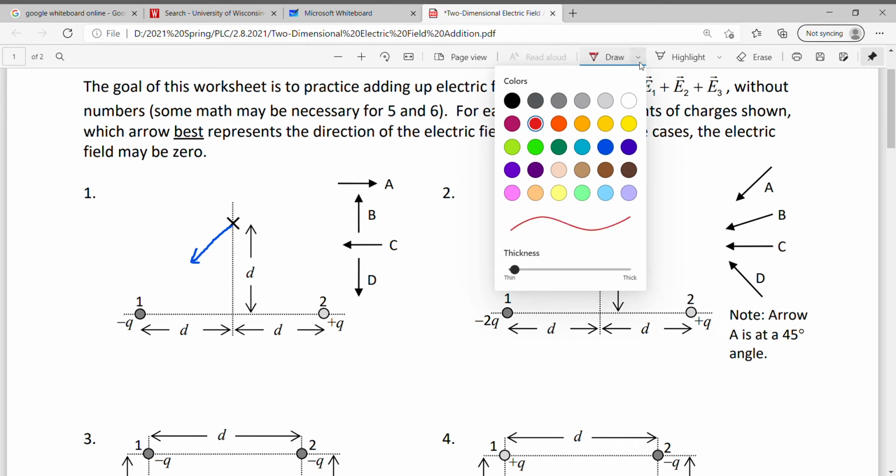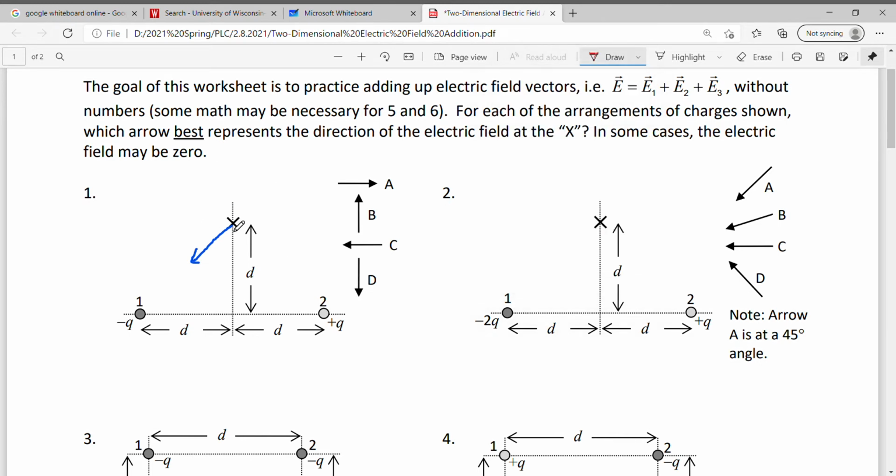E2 is generated by this positive charge, and it's pointing in this way, from the positive charge to the position. It's in this direction.